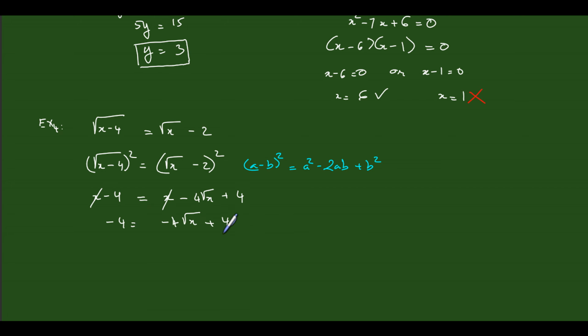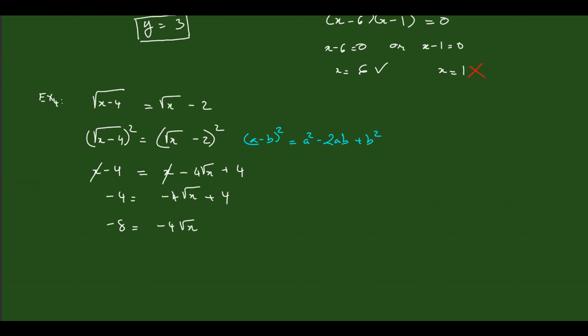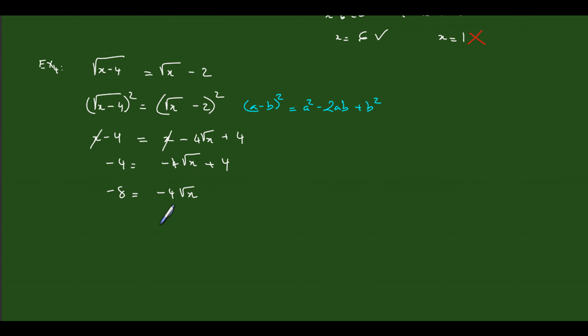Then I'm going to subtract both sides by 4, which gives you negative 8 equals negative 4 square root of x. Then I divide both sides by negative 4, so negative 8 divided by negative 4 gives you 2 equals square root of x. Now I have a very simple radical.